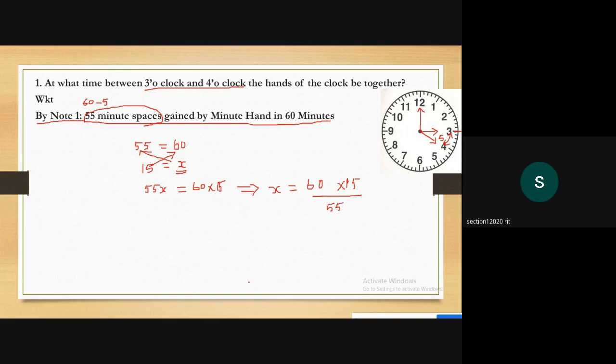So this is the actual value. Let me simplify it further. Here I can use my 5. So 3 times 15, and here it is 11. So 6 into 3, it is 18, 180. So 180 divided by 11. This is the answer I get.